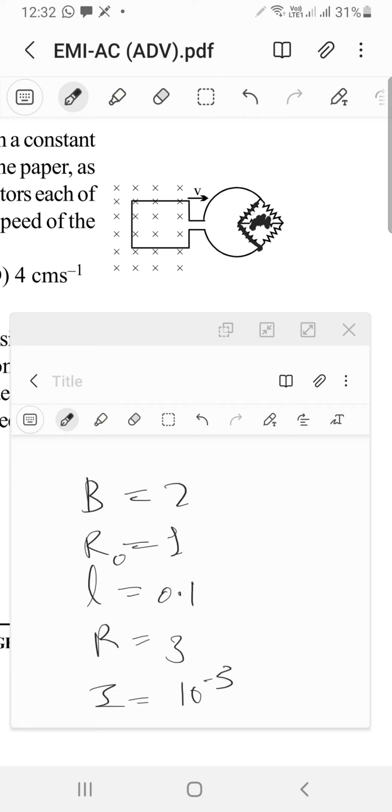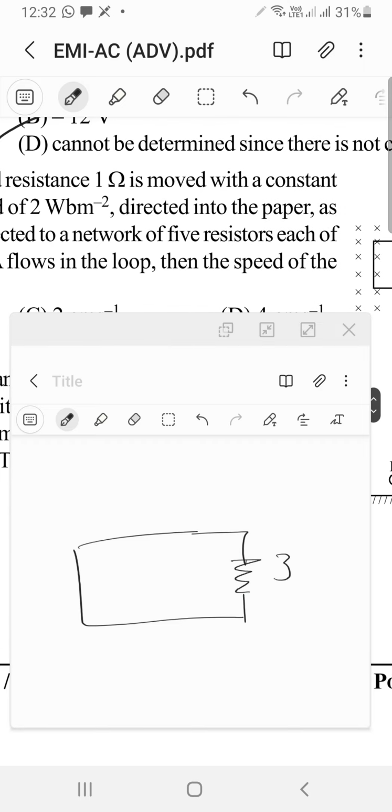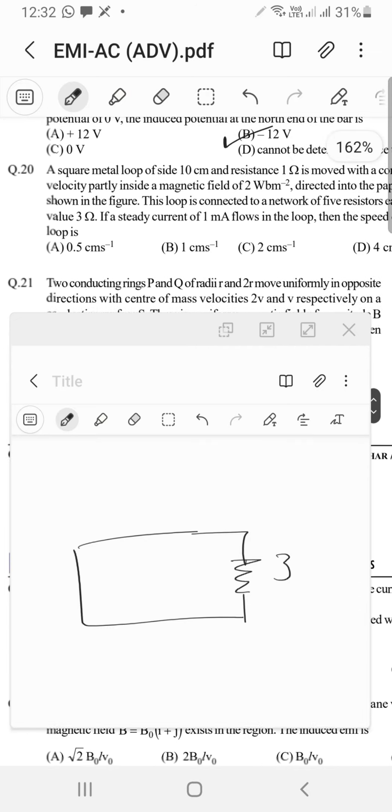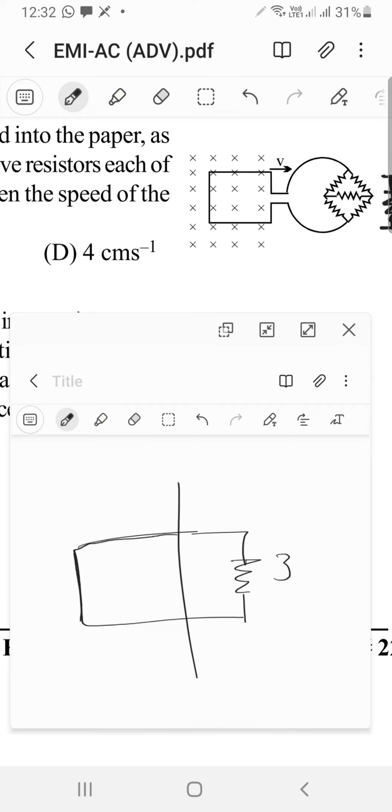So just 3, 3, 3, so like 6 and 6, that should just be an equivalent resistance of 3. That's right. So we can simplify this diagram. You got a 3 ohm resistor over there, and this complete resistance is 1 ohm, right? Yeah, so this complete thing is just 1 ohm.